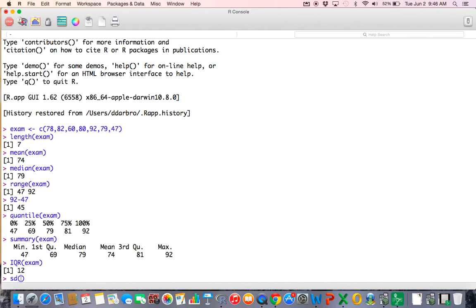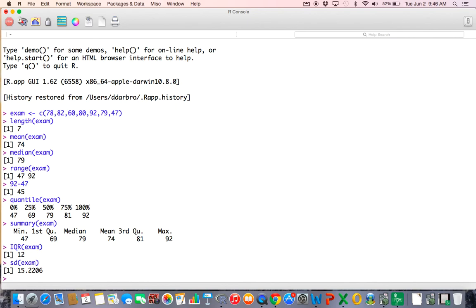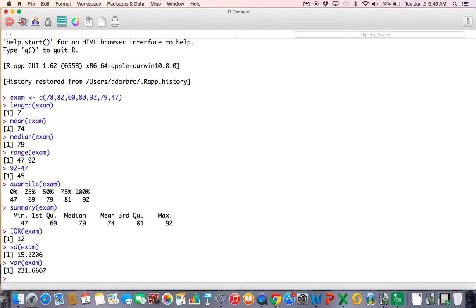Standard deviation. It does it right. It'll be the same because it uses the same formula. And if you wanted the variance of exam, you can see that you get 231.67, which is the value we got before. So, guys, aside from just a nuance of R calculating the quartile differently, you can see that these numbers are actually very, very easy to find.